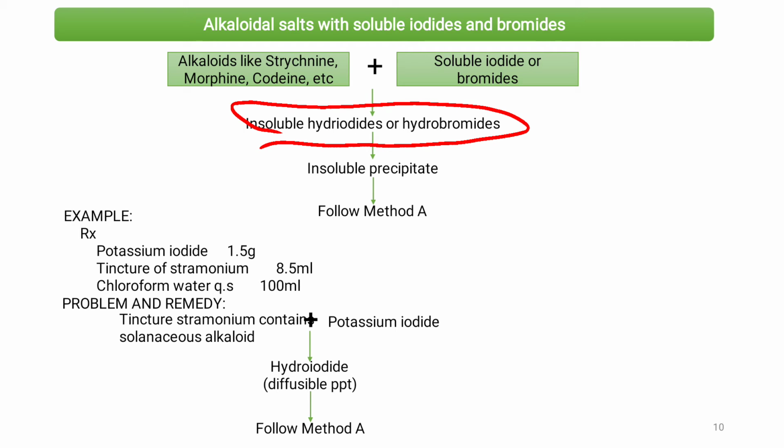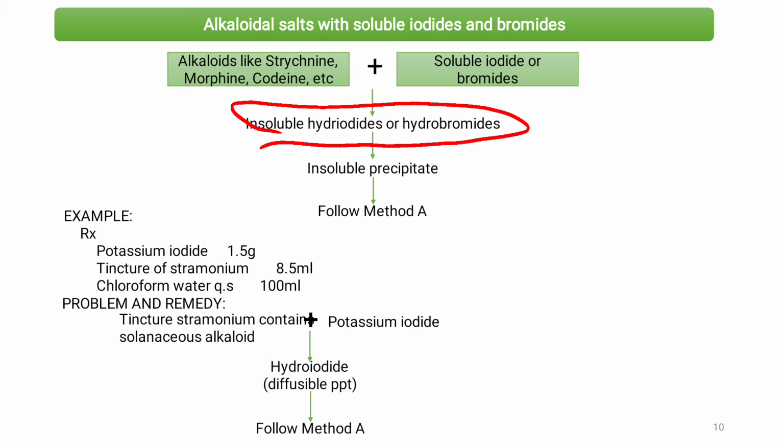These are insoluble precipitates, so we want to follow method A. While mixing the alkaloids like strychnine, morphine, codeine with the soluble iodides or bromides, insoluble hydroiodide or hydrobromide precipitate will be formed. So, we have to follow method A for their dispensing.